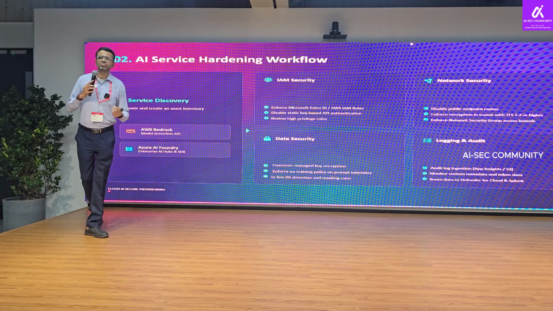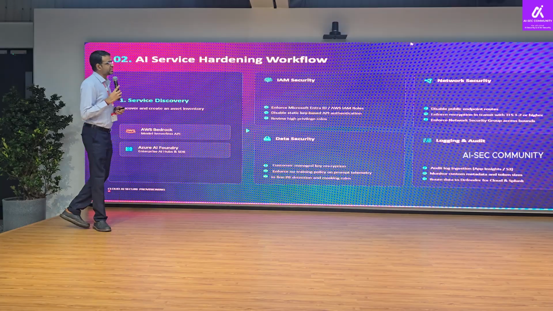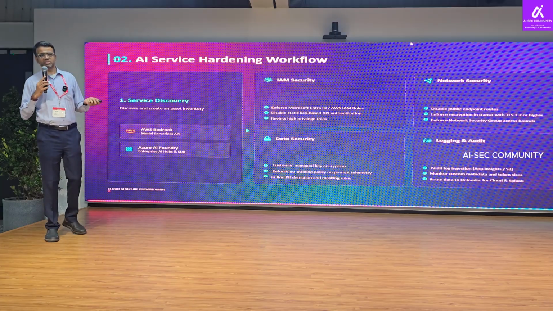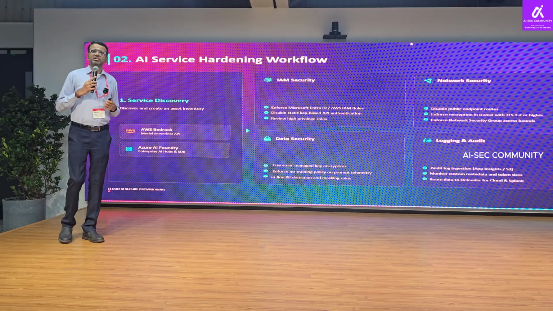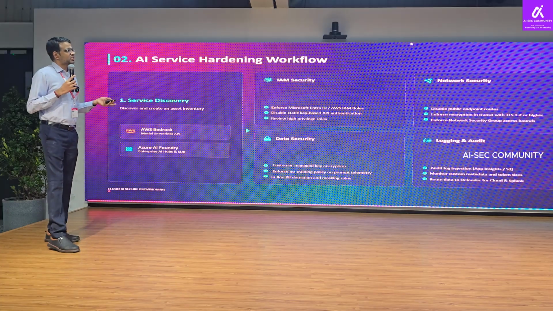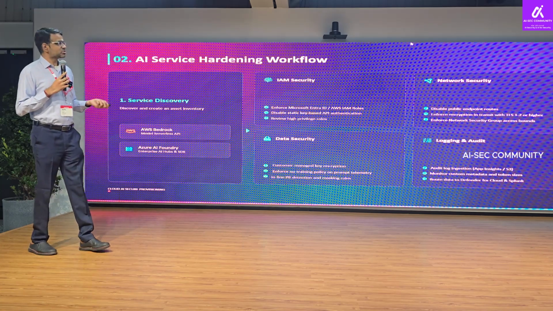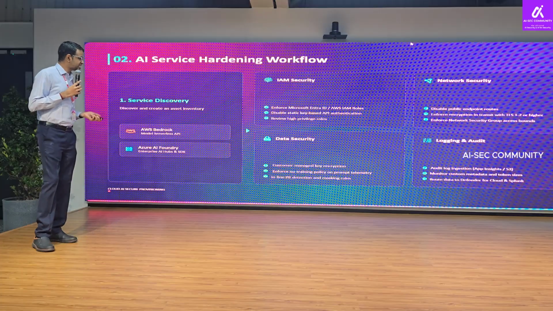Data security is about encryption, customer managed keys, data labeling, and then logging, of course, having your logs, which is most crucial, forwarding them to a SIEM solution so that you can actually get your threat detection up and running.